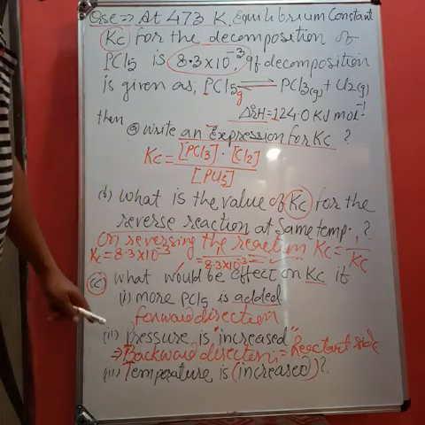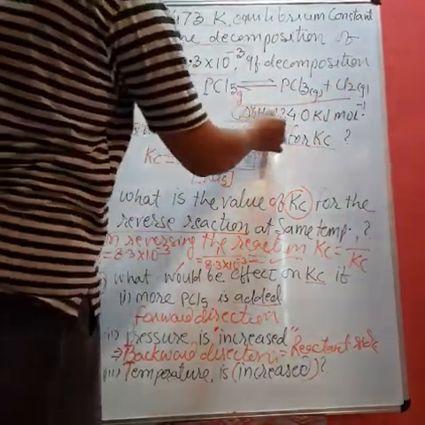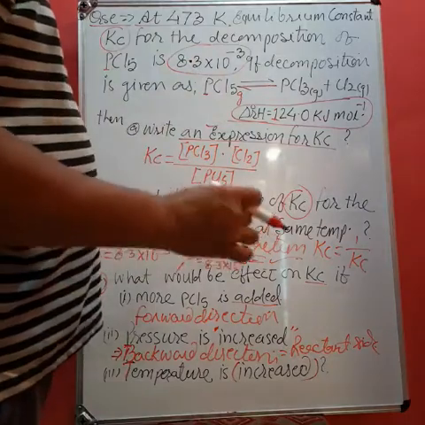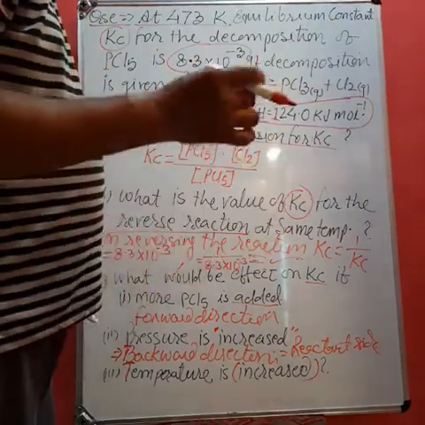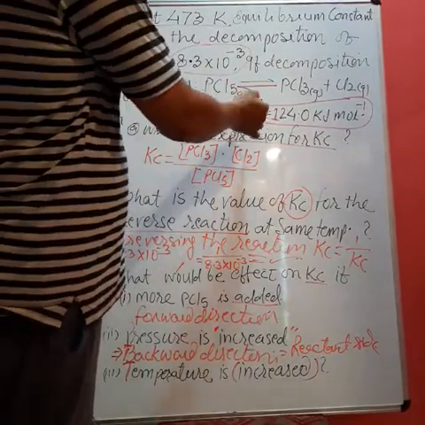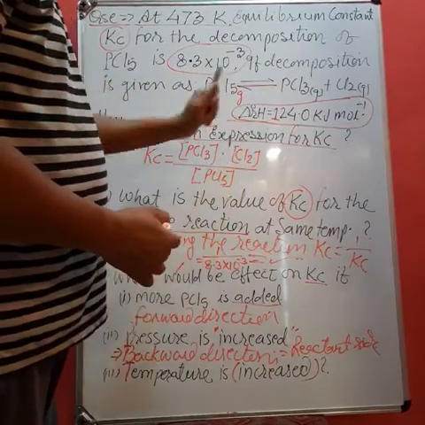So to observe the temperature effect, we have to find which type of reaction it is, whether it is exothermic or endothermic. So how do we find it? We will find it by the change in enthalpy value of the reaction. Here r stands for reaction.